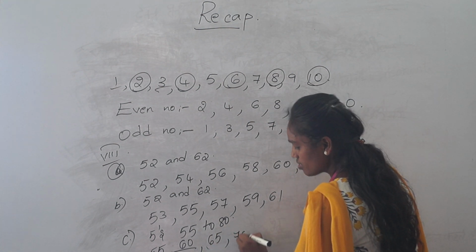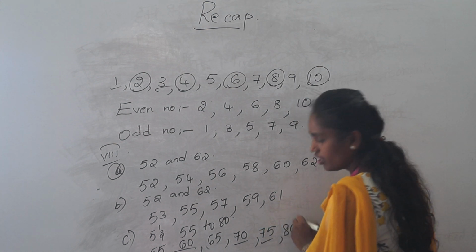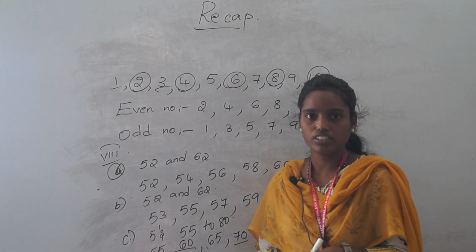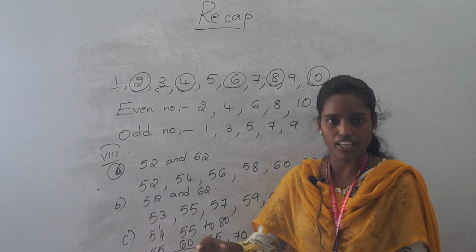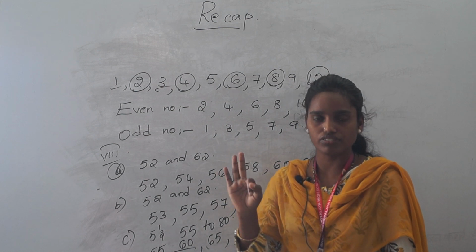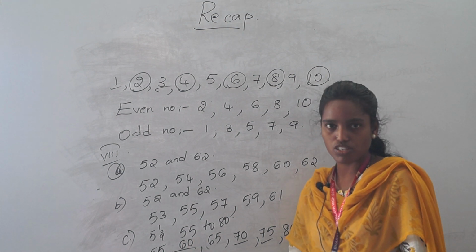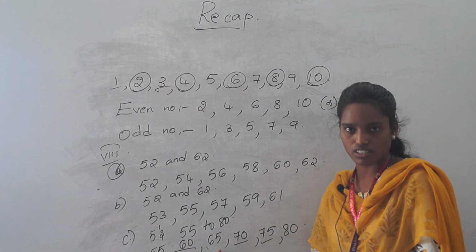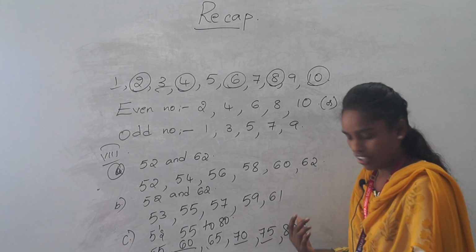Next numbers are 70, 75, 80. Have you understood this, children? Counting of 5s: for any given number we should add 5. Again, add 5 to 60 and you will get 65. Again adding 5, we will get 70, 75, 80.